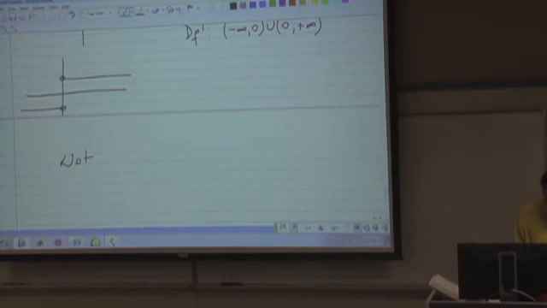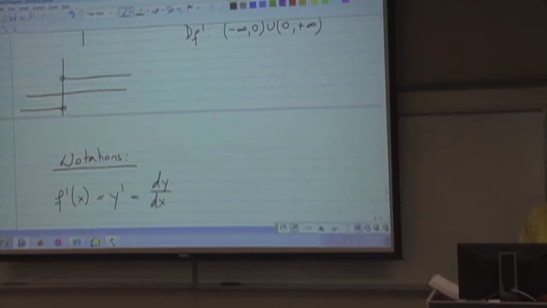Notations. I'm going to list a few of them here, but we're going to end up using a couple of them. So f prime of x, we can write it as y prime, which is not necessarily that used, or I don't necessarily prefer it, and I'll explain later on why. You can also write it as dy over dx.